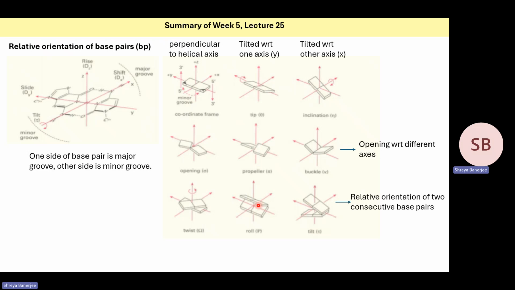They can have certain angle with respect to each other. If the angle is with respect to x-axis, it is called roll. If the angle is with respect to y-axis, it is called tilt. Like this, the base pairs themselves can have different orientations, and the difference in orientation can be between the two bases in a base pair, or it can be between two consecutive base pairs.